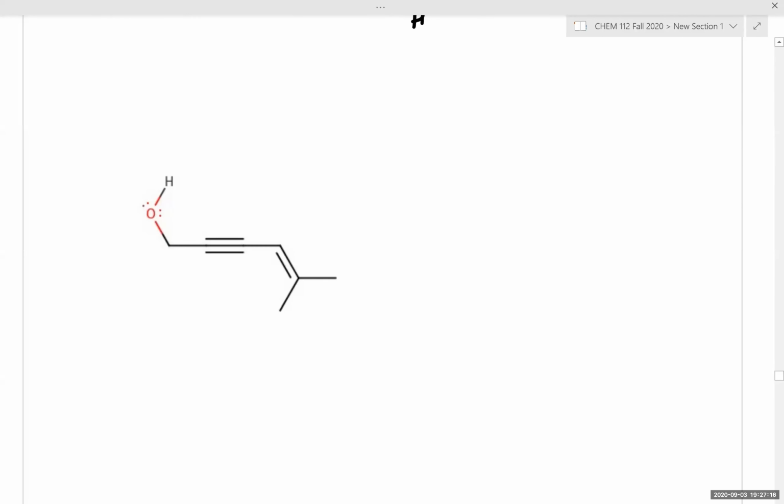I'd like you to take about 3 minutes and try to draw out a valid Lewis structure for the following bond line structure.